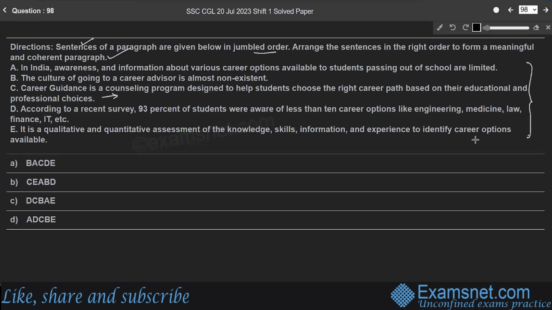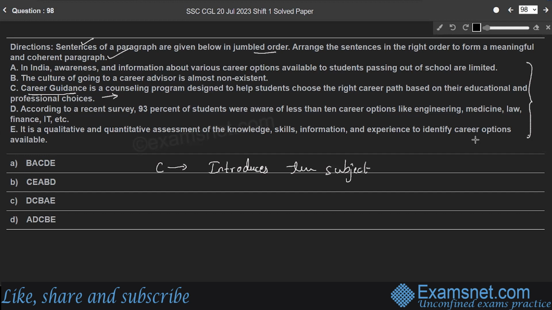Sentence C introduces the subject of the paragraph. The subject under discussion here is career guidance.